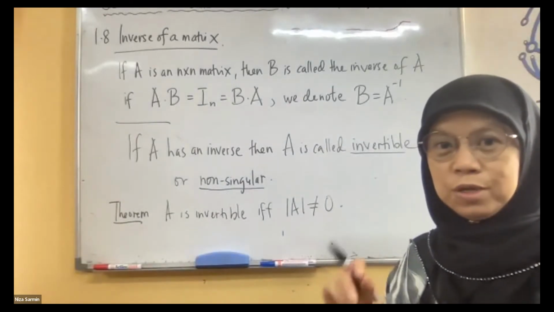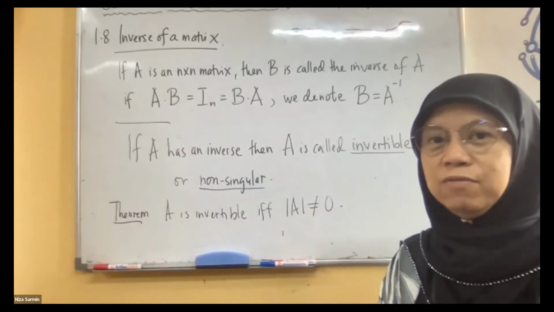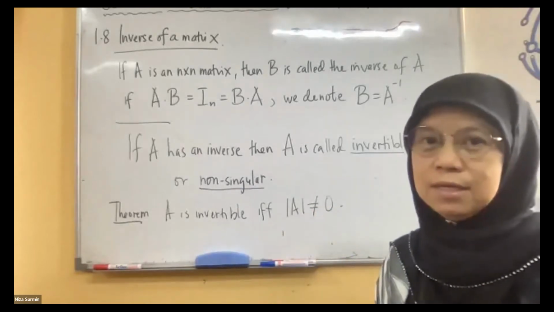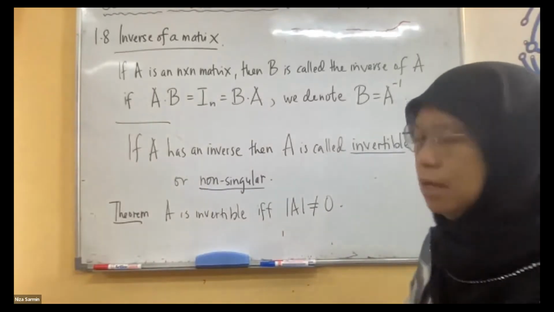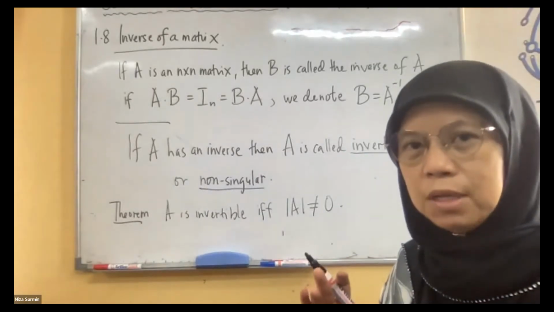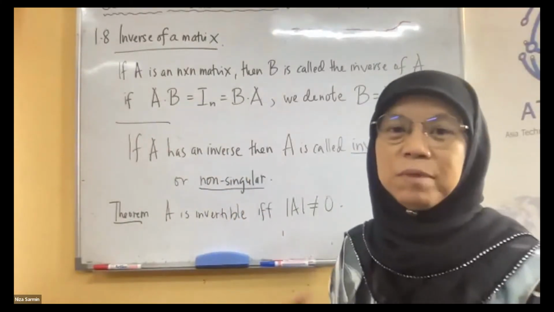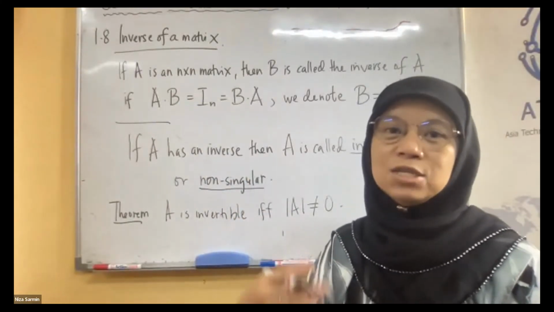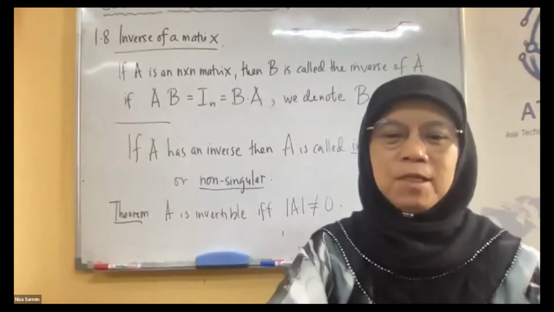So you can easily check, given a matrix, whether you can find the inverse or not. You can find the determinant. Give me an example of a singular matrix. Give me an example of a matrix which has no inverse. You can type or you can unmute.